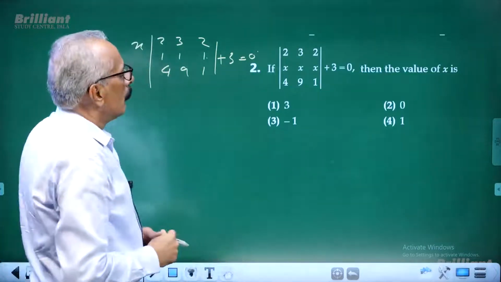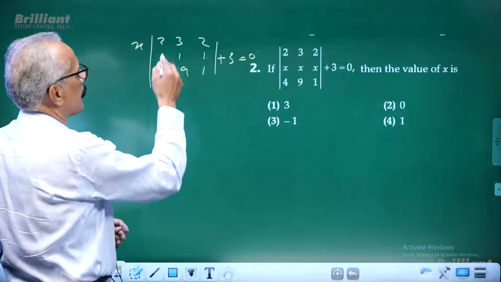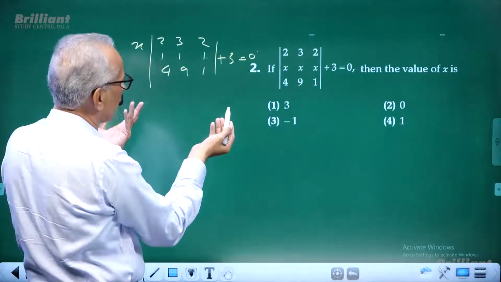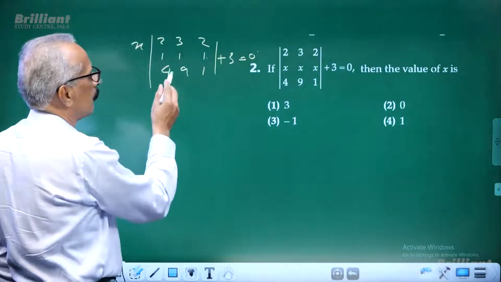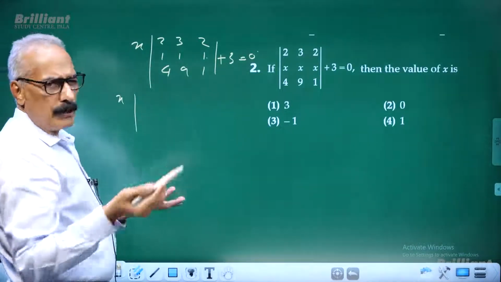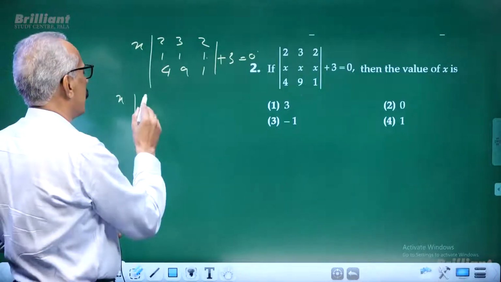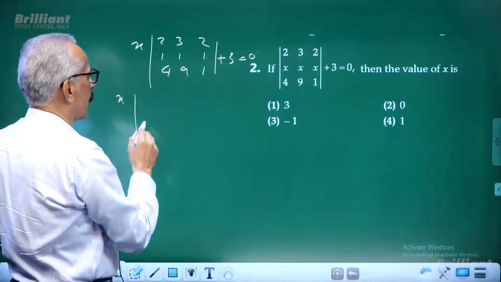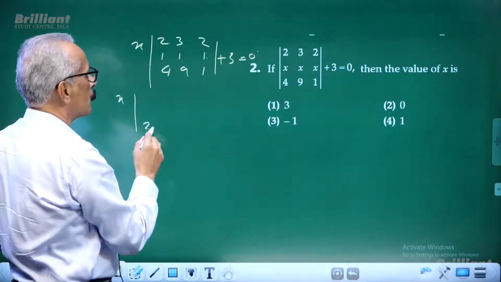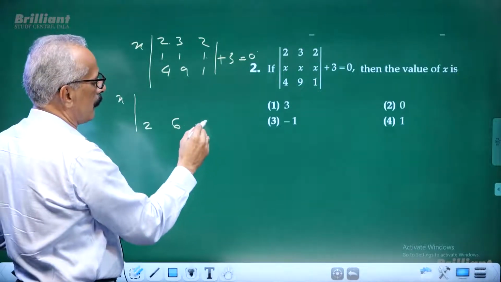Well, so we can subtract or you can make zeros also. That means you can subtract, to reduce the numbers, that's all. So here, if I subtract this 2, 3, 2 from here, it will become 2, it will become 6, this will become minus 1.